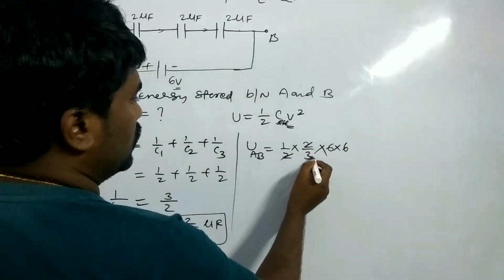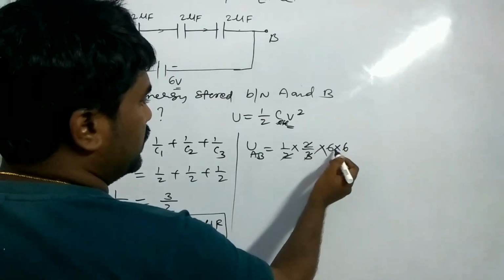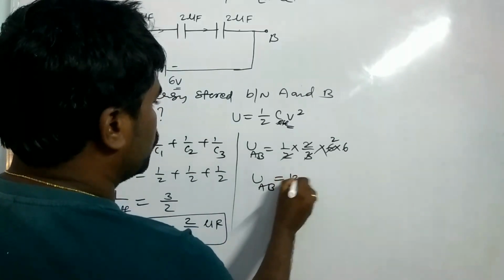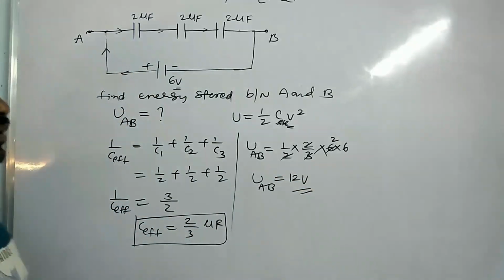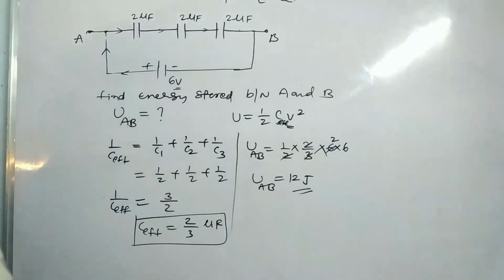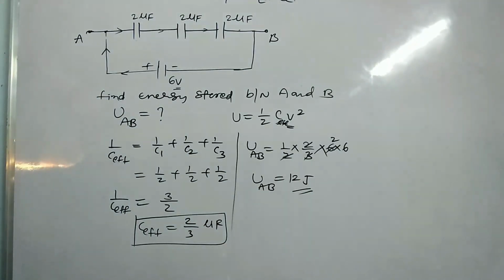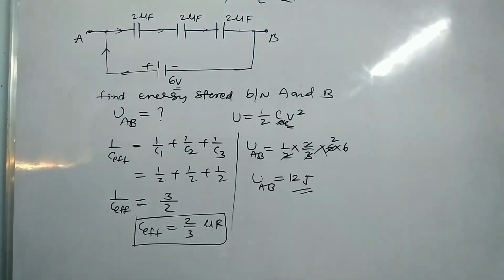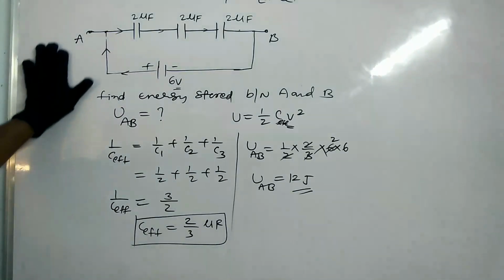The 2s cancel out, and 3 into 2 is 2 into 6, so U AB is equal to 12, 12 joules of energy. 12 joules of energy is stored between A and B. So this is the energy stored between A and B. Right, let us see one more example.